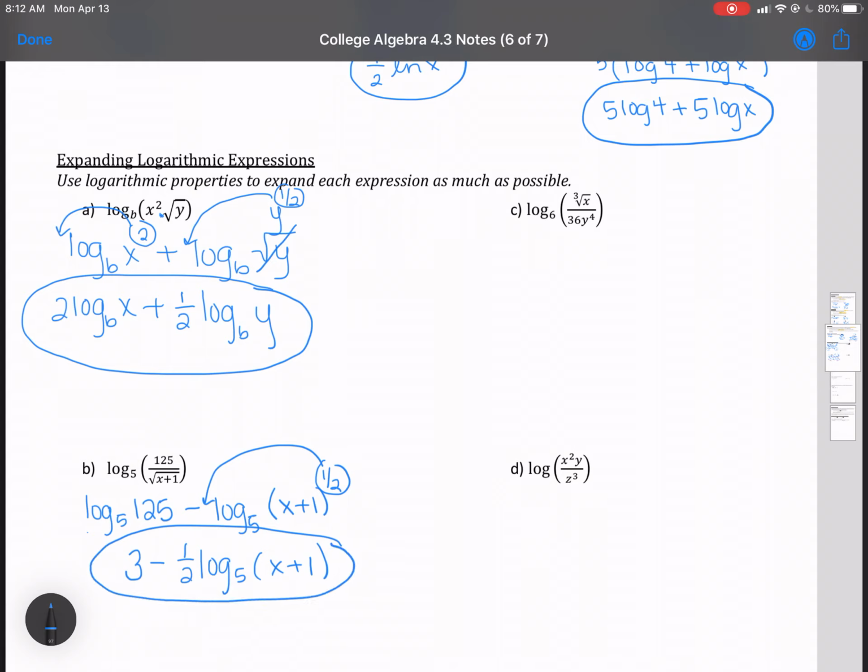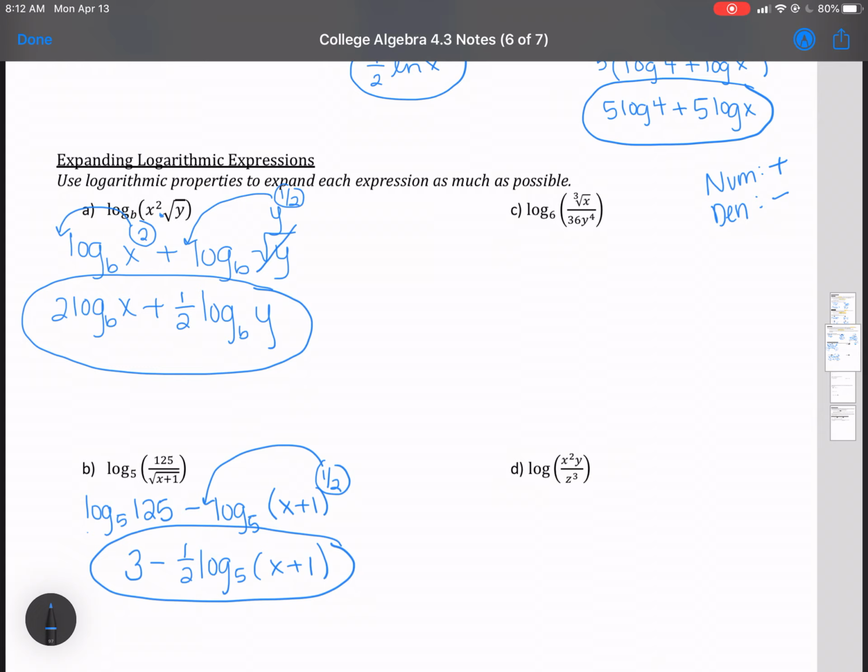Looking at c, we have log base 6 of the cubed root of x divided by 36y to the 4th. So here's the thing to remember. If we're looking at addition and subtraction, our numerator will always be addition, and our denominator will always be subtraction. Okay, so here we're going to do a couple things.